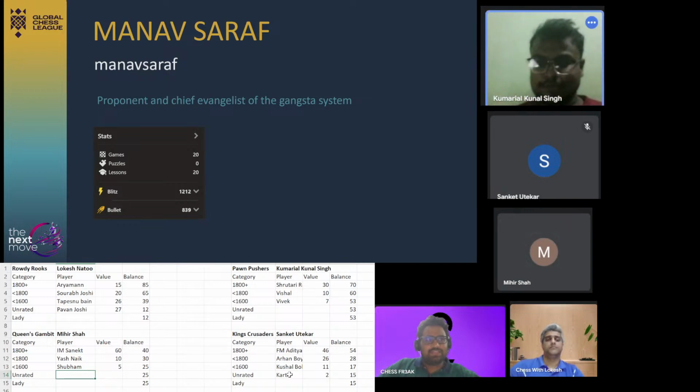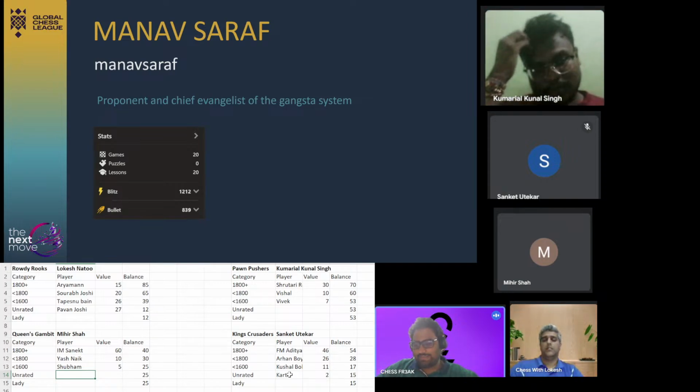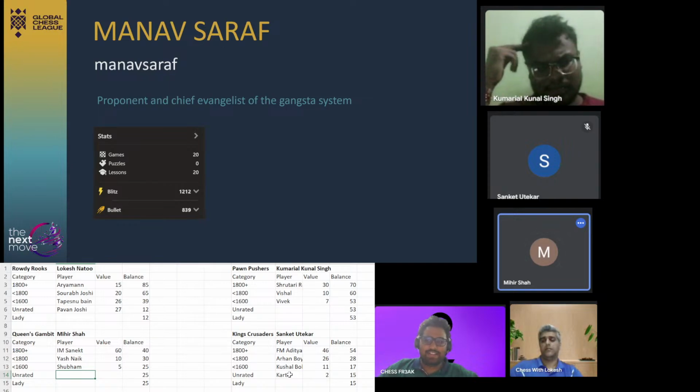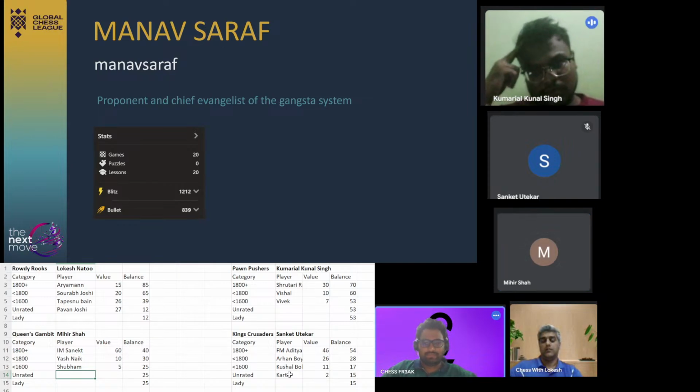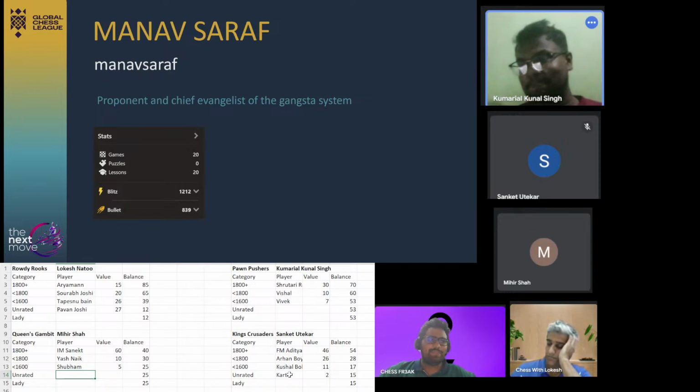5, 6, 6 points to the pawn pushers. 7 points to Queen's Gambit. 8 points to the pawn pushers, Manav Saraf. 10 points, Queen's Gambit. 15 points, pawn pushers. 16 points to the Queen's Gambit.